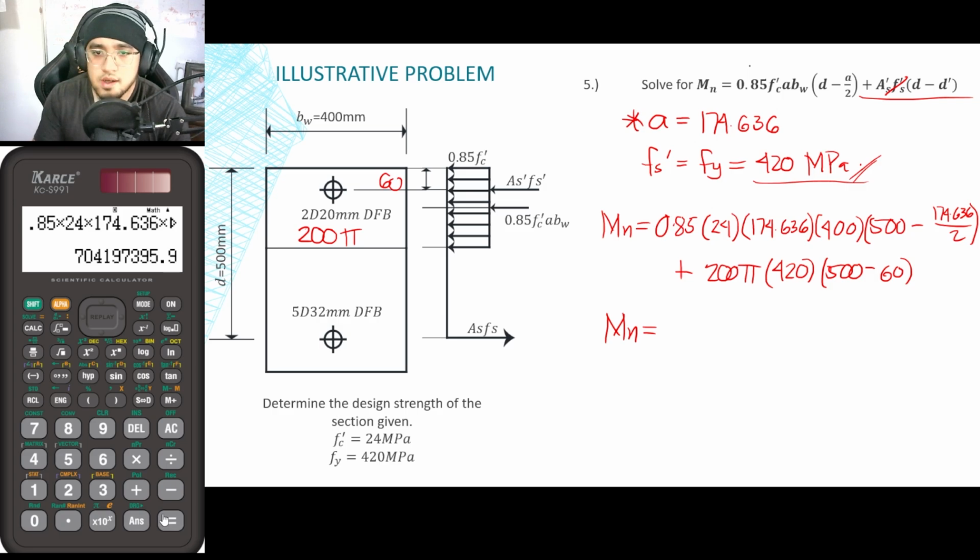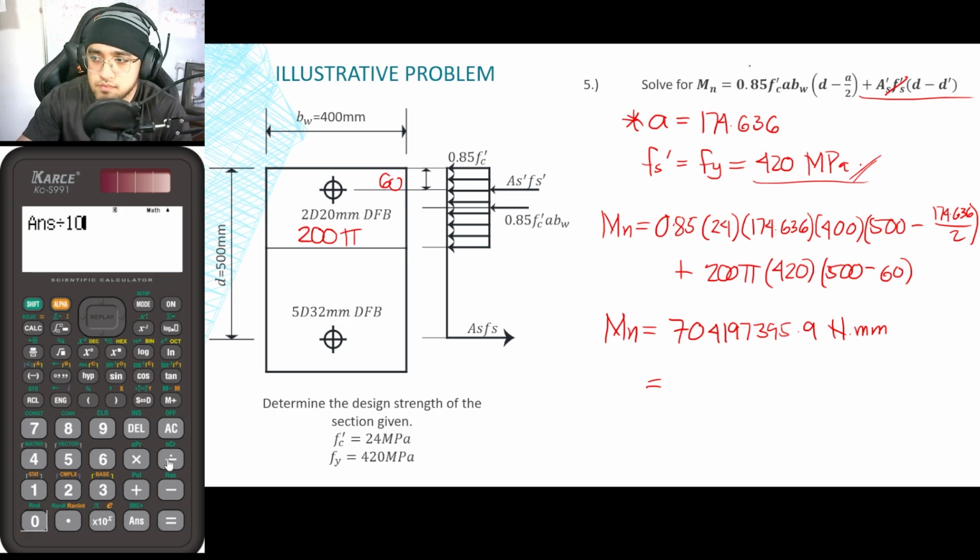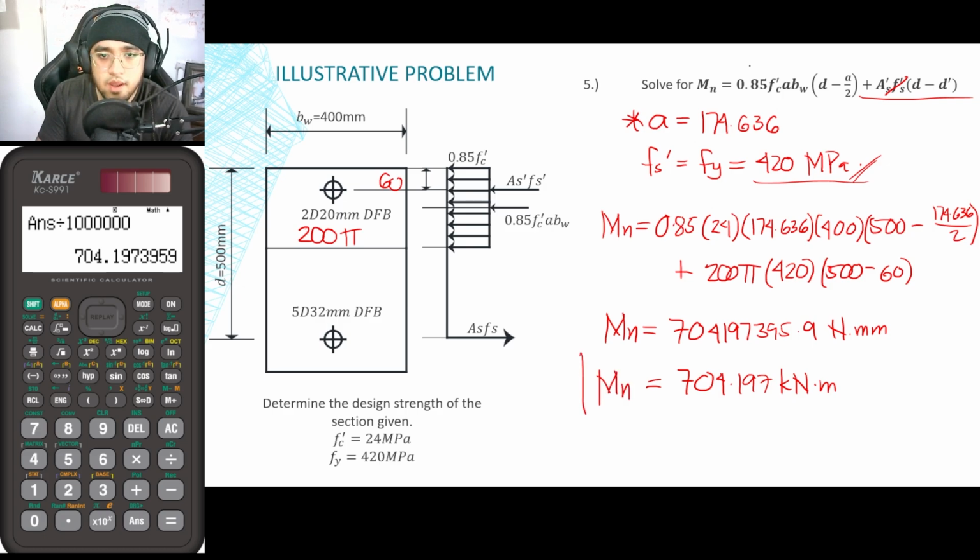Our answer here is 704,197,395.9 newton millimeters. If you want to convert this into kilonewton meter, just simply divide this by 1 million. Thus, the nominal moment is 704.197 kilonewton meter. Okay, so this is now the value of Mn.